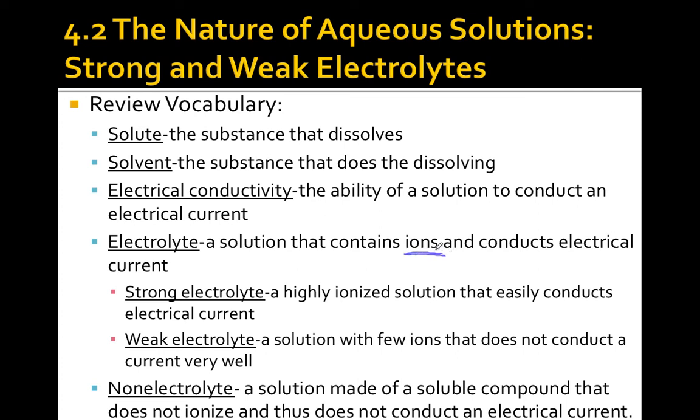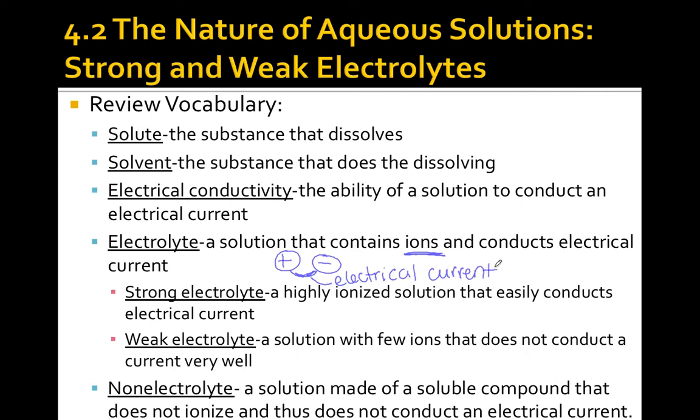And because it has those ions, it conducts electrical charge or electrical current. So the positive ions and the negative ions in solution allow the electrical current to flow between. And that's pretty much as far as we got with electrolytes last year.